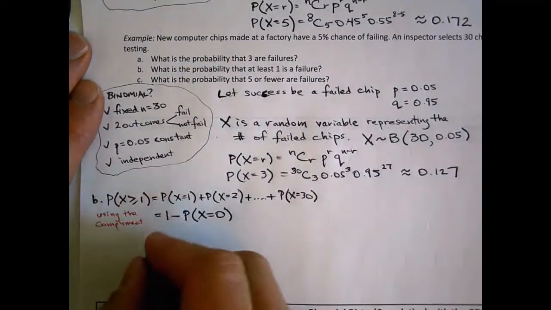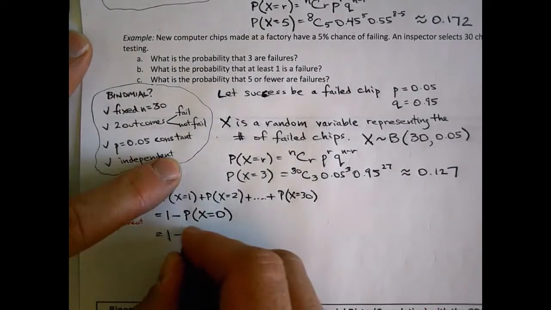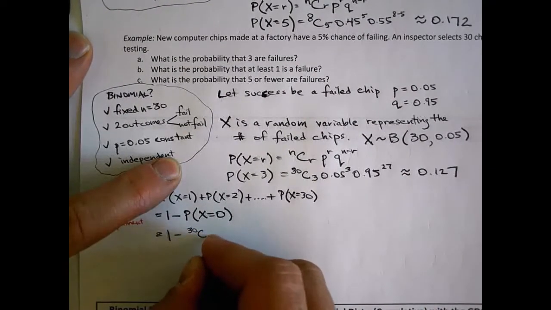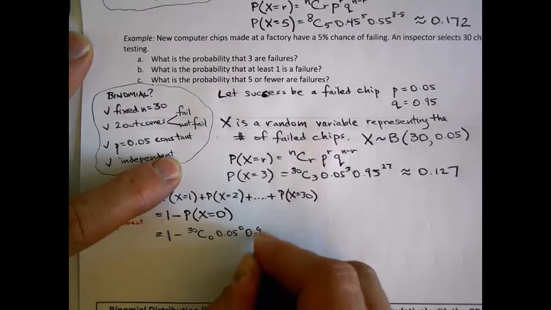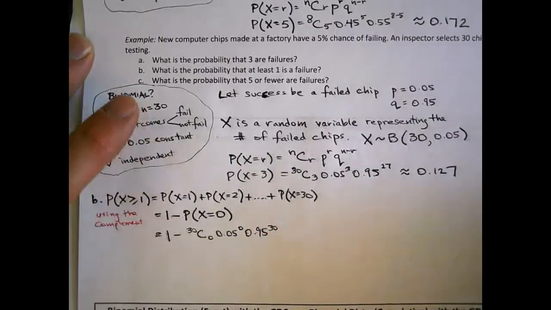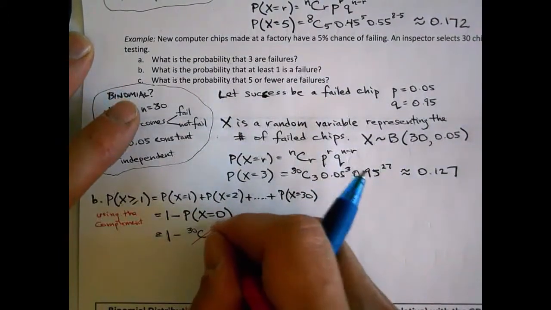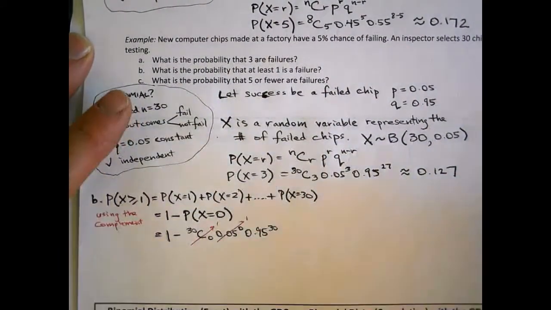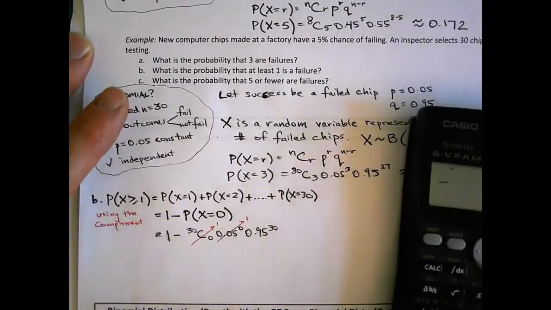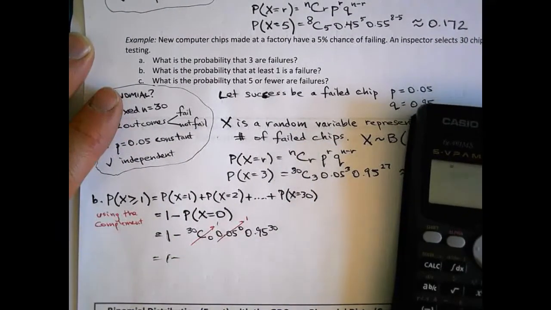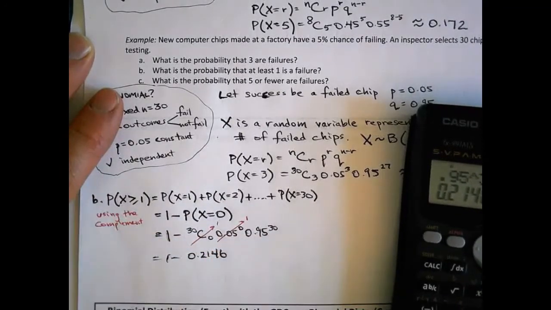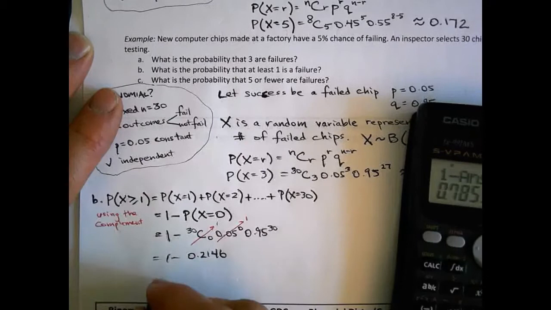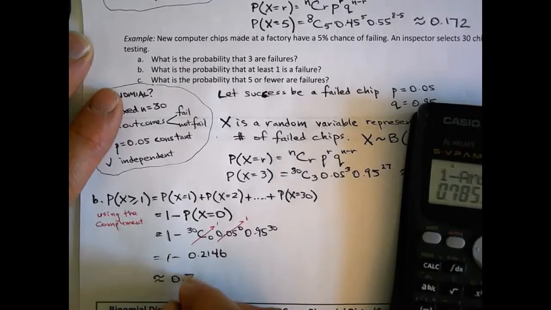Now I can apply my formula, which is 30 choose 0, 0.05 to the power of 0, 0.95 to the power of 30. We know that anything choose 0 is 1, anything to the power of 0 is 1. So this is really 1 minus 0.95 to the power of 30, which is 0.2146. 1 minus that answer gives me approximately 0.785.